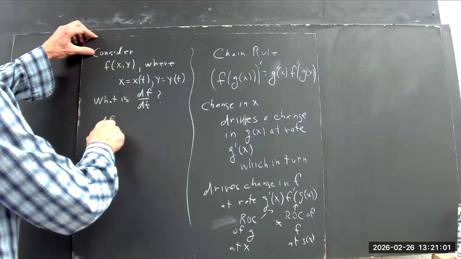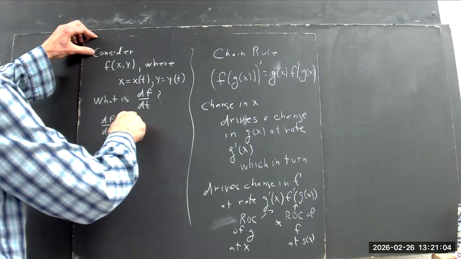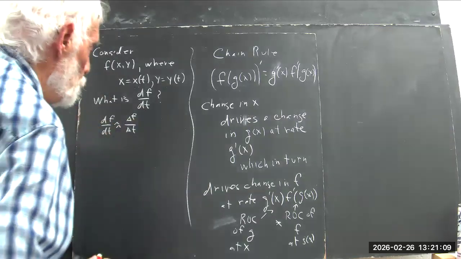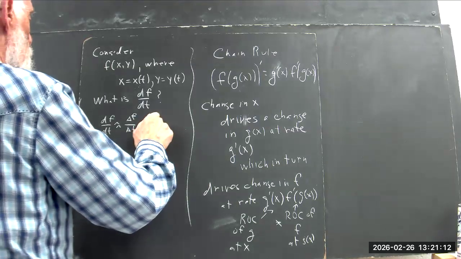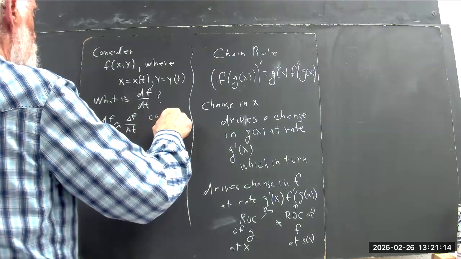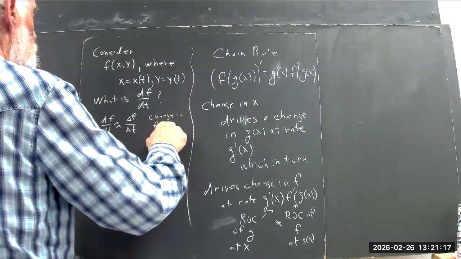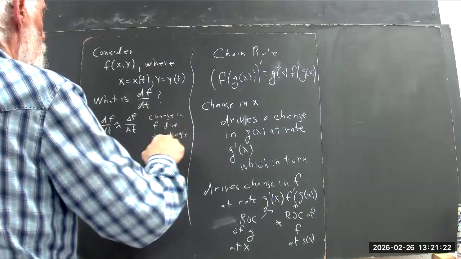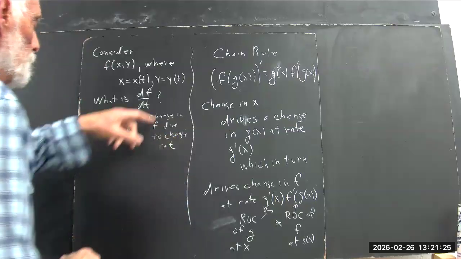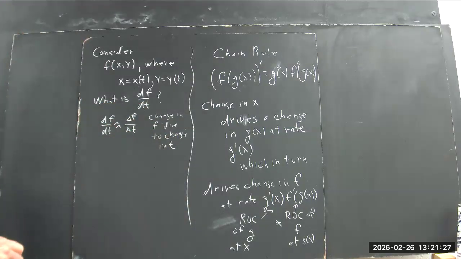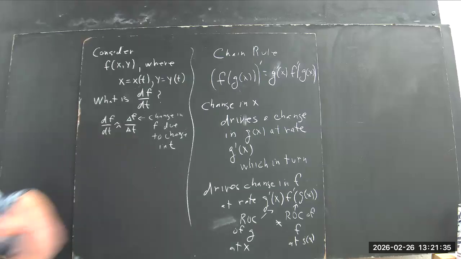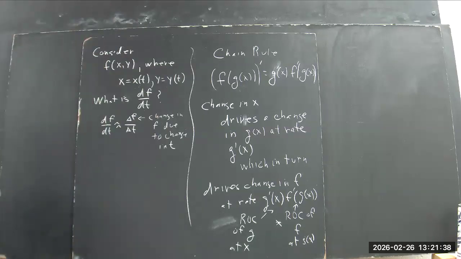Well, df/dt approximately equals a change in f over the change in t, the change in f due to the change in t. You divide that by the change in t and you get the rate of change of f with respect to t.